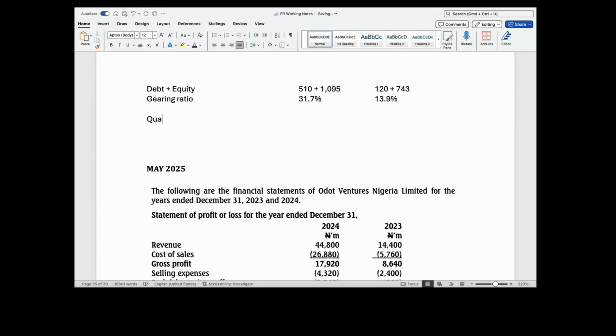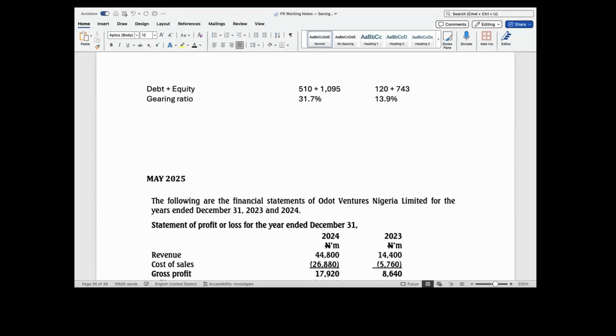So, qualitative factors. This is solution 2.